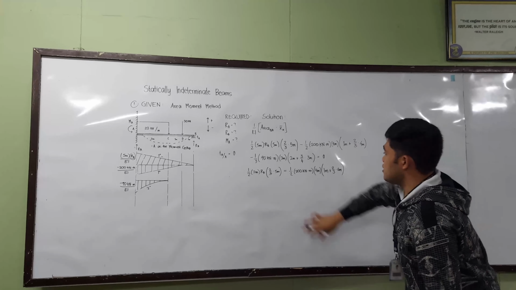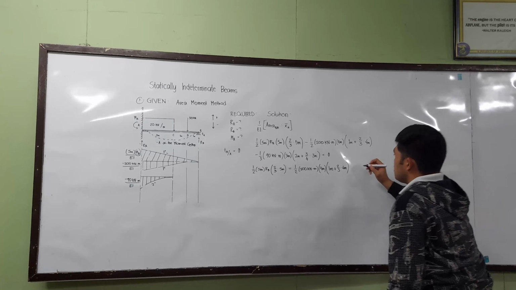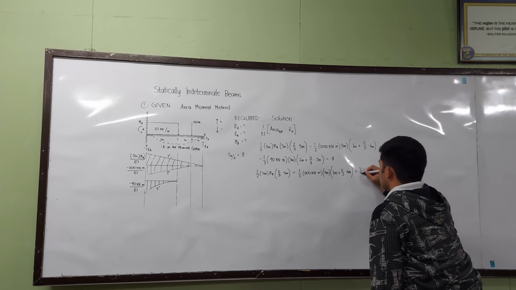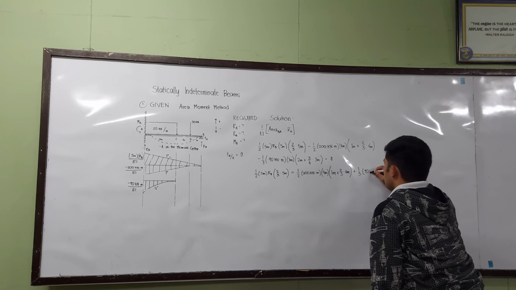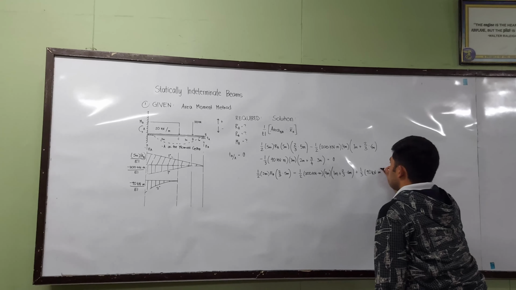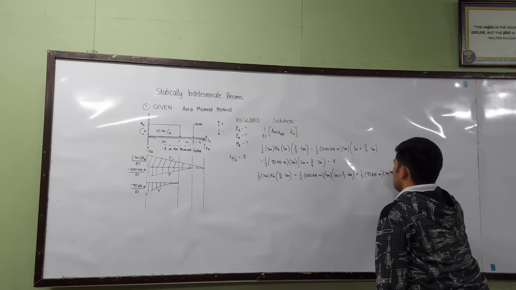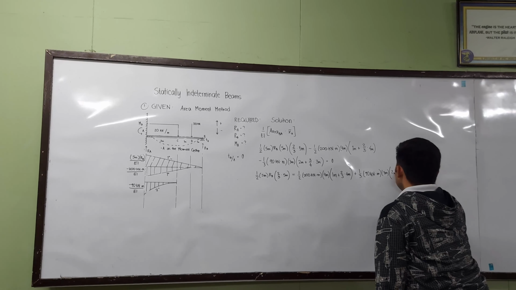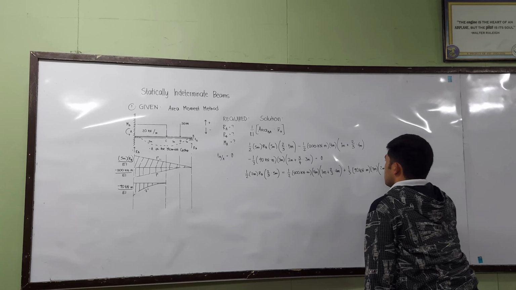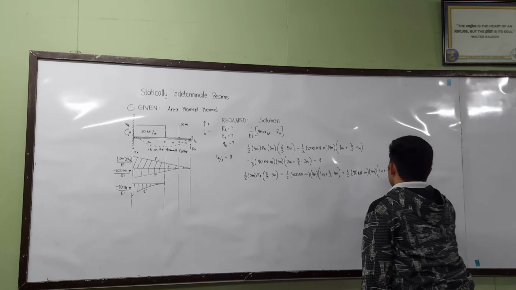Okay, since now this is positive, it's now plus 1/3 90 kilonewtons meters times 2 meters plus 3/4 3 meters.